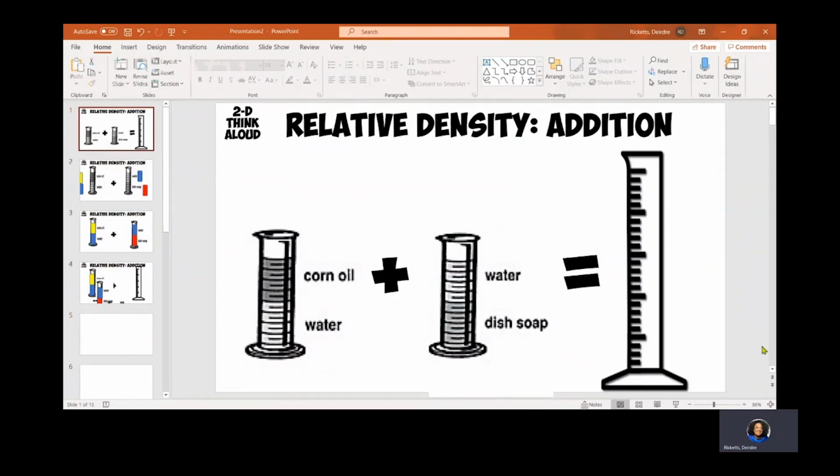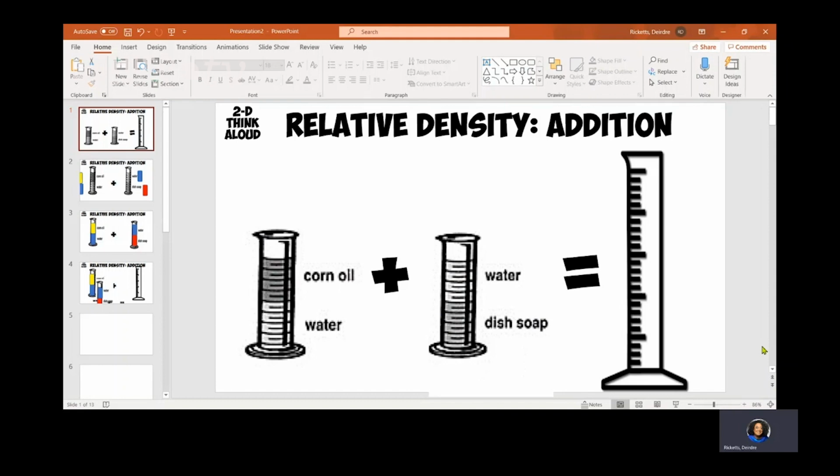Now we're back. We've been working with HandsOn, and then we've been switching to 2D, 3D to 2D, 2D to 3D transfer. We're going to do some more 2D transfer with another Think Aloud to make sure that we have the hang of this. So here's our 2D Think Aloud relative density addition, and we have, instead of beakers, graduated cylinders.